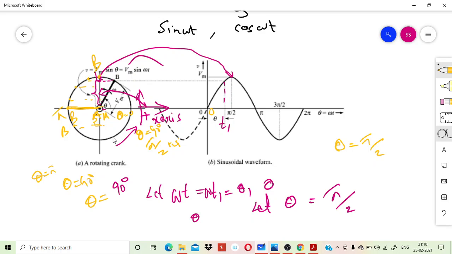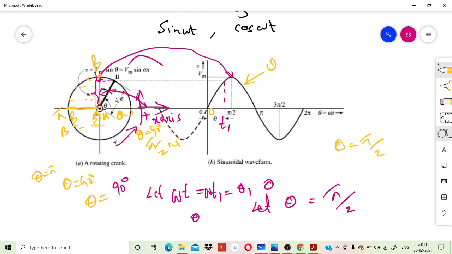So as the sinusoidal waveform, let it be small letter v, as this v completes one full cycle, that means it increases positively and decreases in the positive half cycle, and it increases towards the negative and decreases towards the 0.